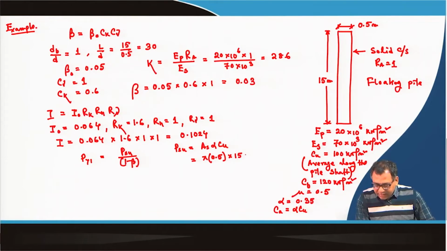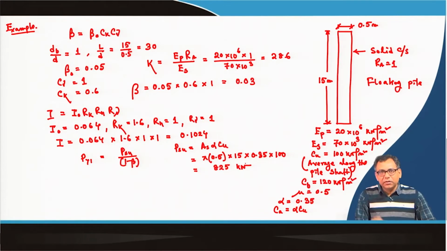The alpha value is 0.35, and C_u, the average C_u along the shaft of the pile, is 100 kPa. So, P_su is 825 kilonewton, the ultimate friction resistance of the pile.